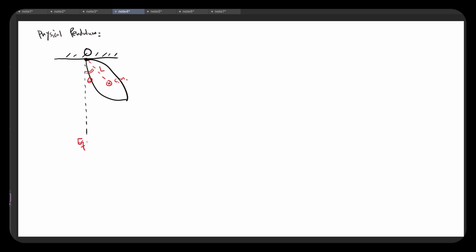So again, here's the equilibrium position. Now we know gravity is acting on this object, and at this hanging point, of course, there's a normal force acting on the object.